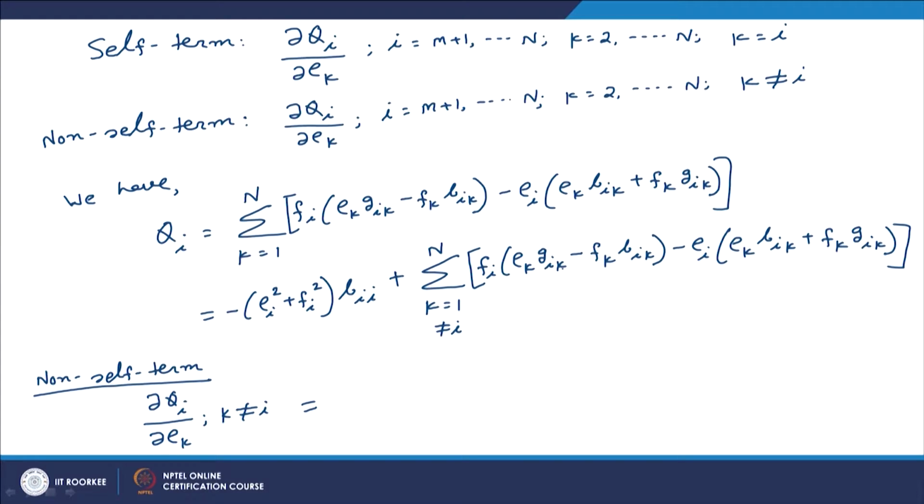So, it would be Fi Gik, and this would be 0 and minus Ei Bik. So, it would be Fi Gik minus Ei Bik. So, that would be the expression. This would be 0, this would be 0. So, non-self term is this.